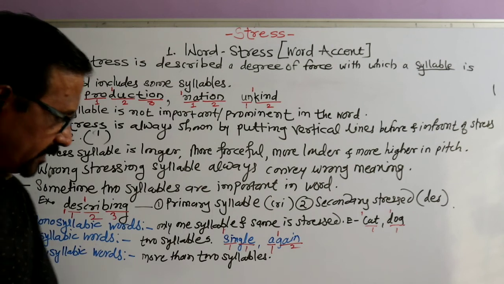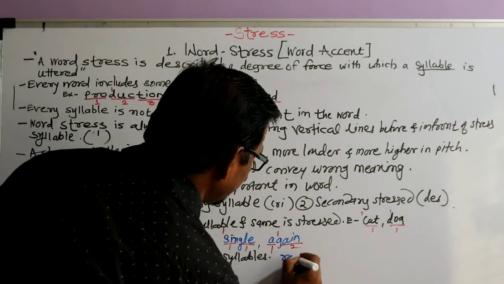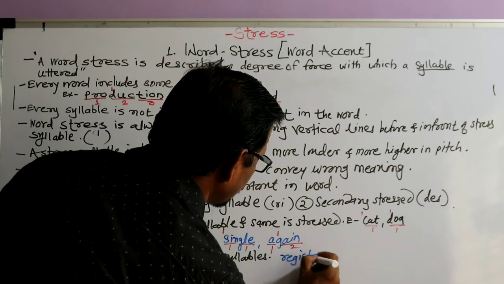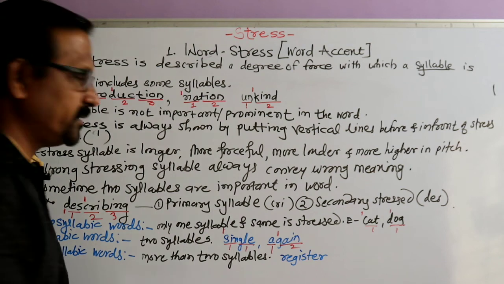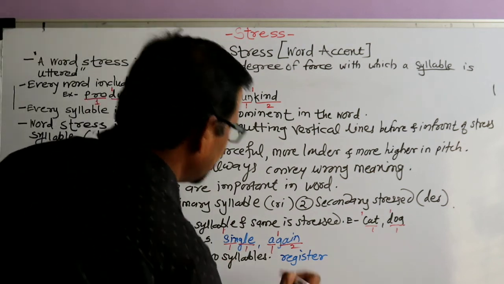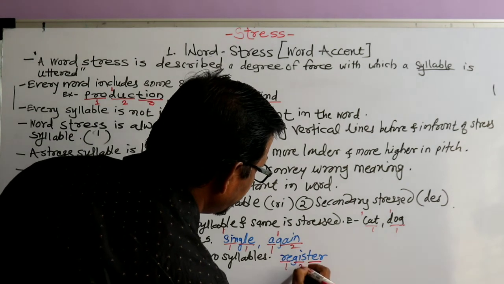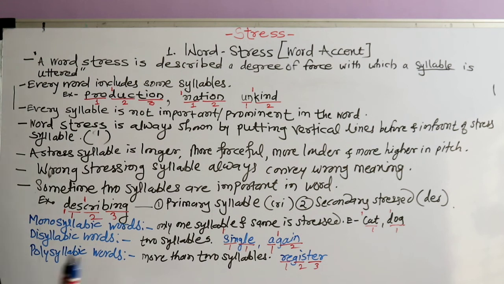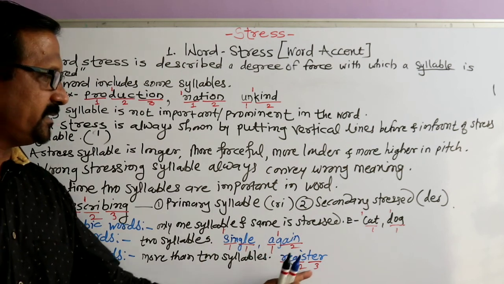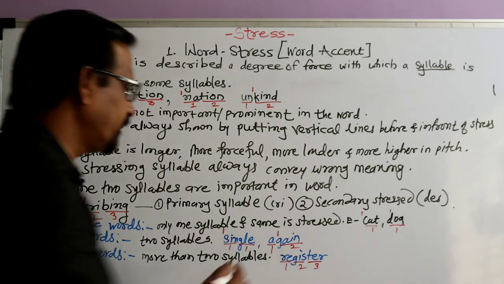For example, the word registered: regis-tered, 1, 2, 3. 3 syllables are there, and the first syllable is stressed.